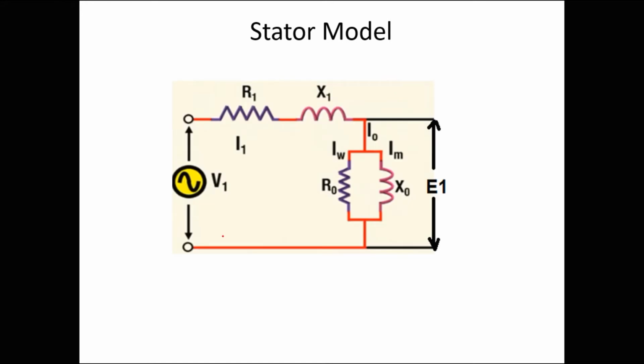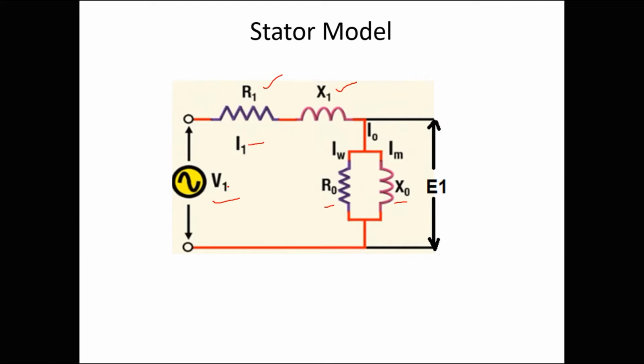So we can directly take the primary winding model as the stator model for the induction motor. In the primary we have the stator field winding, with stator field winding impedance R1 X1, constant loss, and creation of RMF, the rotating magnetic field. Here the stator supply is V1 and the stator current is I1.